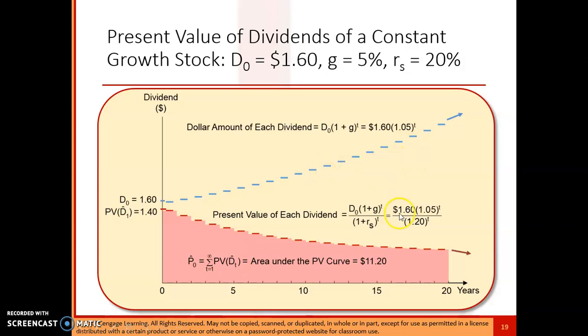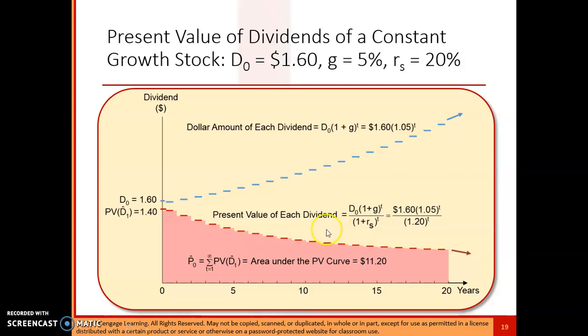So the present value of each dividend is just that future dividend divided by, in this case, 1 plus the required rate of return, and that would be to the 20th power. So the value of those dividends goes down. The further out we go, the value of those dividends becomes less and less important.